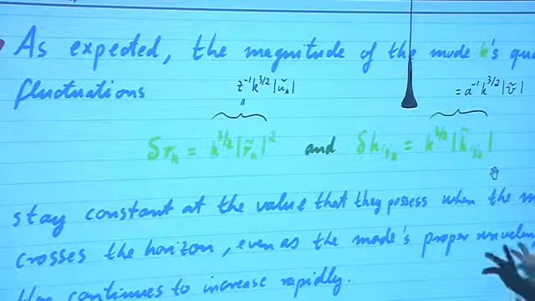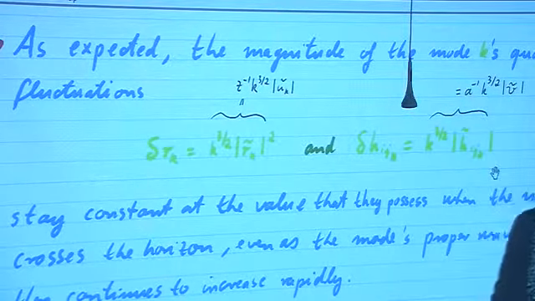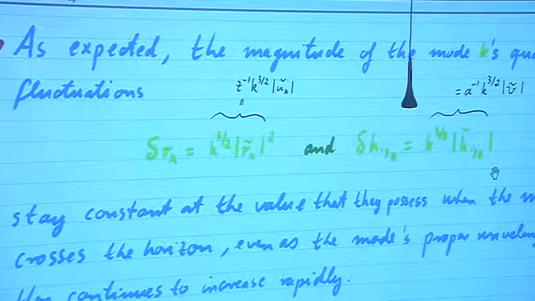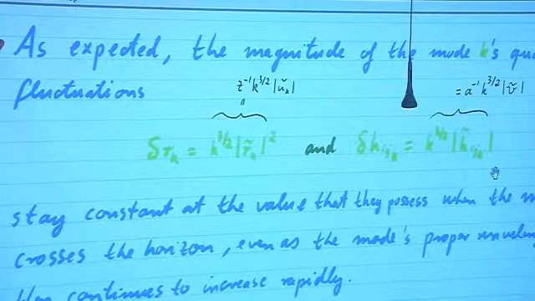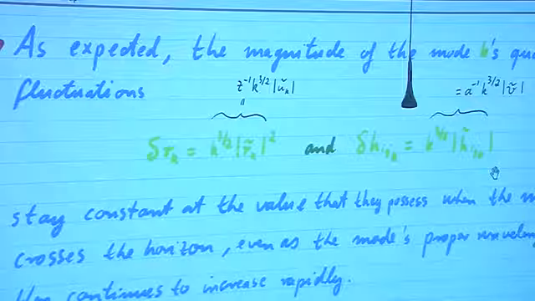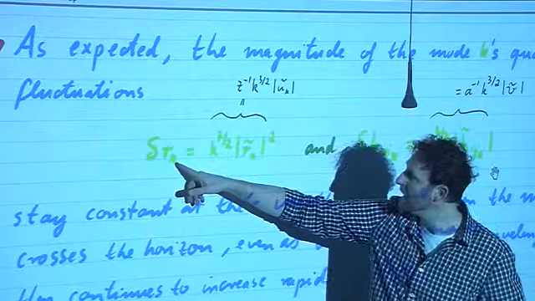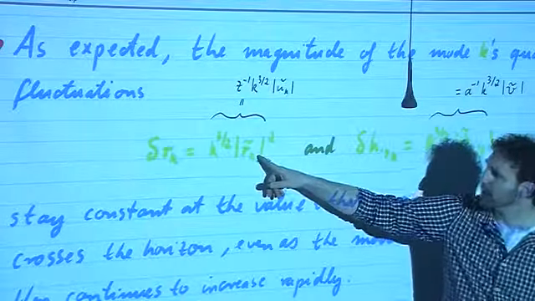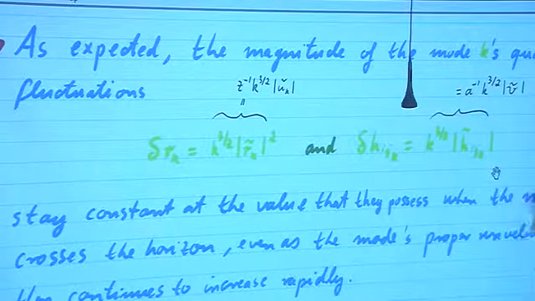And an alternative derivation was to calculate the two-point correlation function between fluctuations of the field here and fluctuations a length L away, where L is 1 over k. And again, we found that the size of the two-point function is related to the modulus of the mode function by a factor of k to the power 3/2.